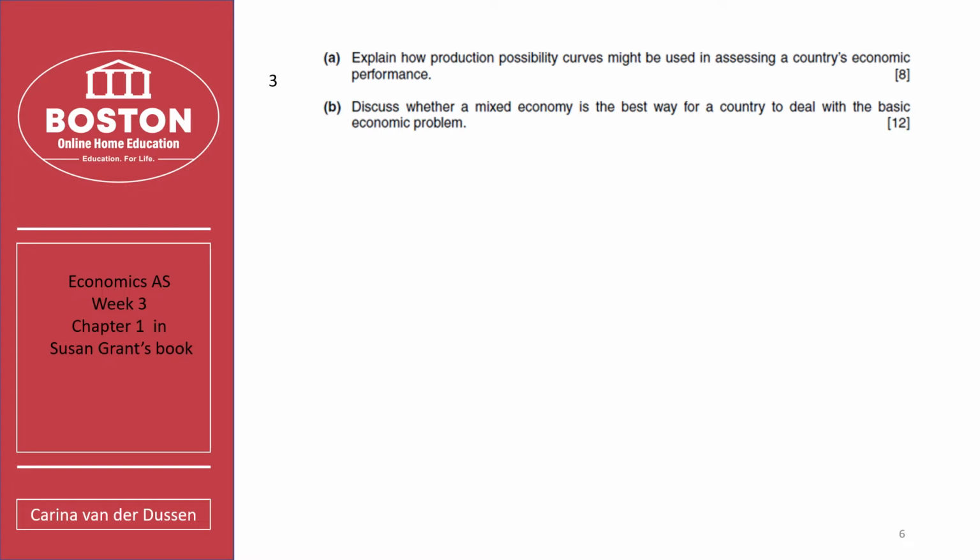Okay, let's go to the question again. Explain how production possibility curves might be used in assessing a country's economic performance. Right, we could say it is very difficult to get the exact figures, accurate figures, but we could see if we have better technology, machinery, computers, more agricultural stuff to help the farmers.